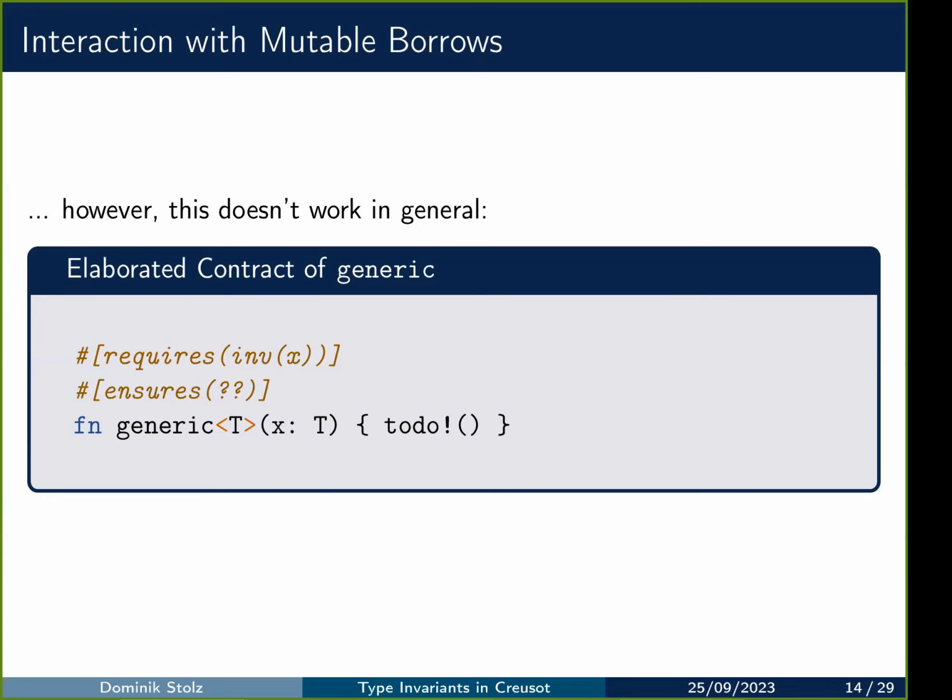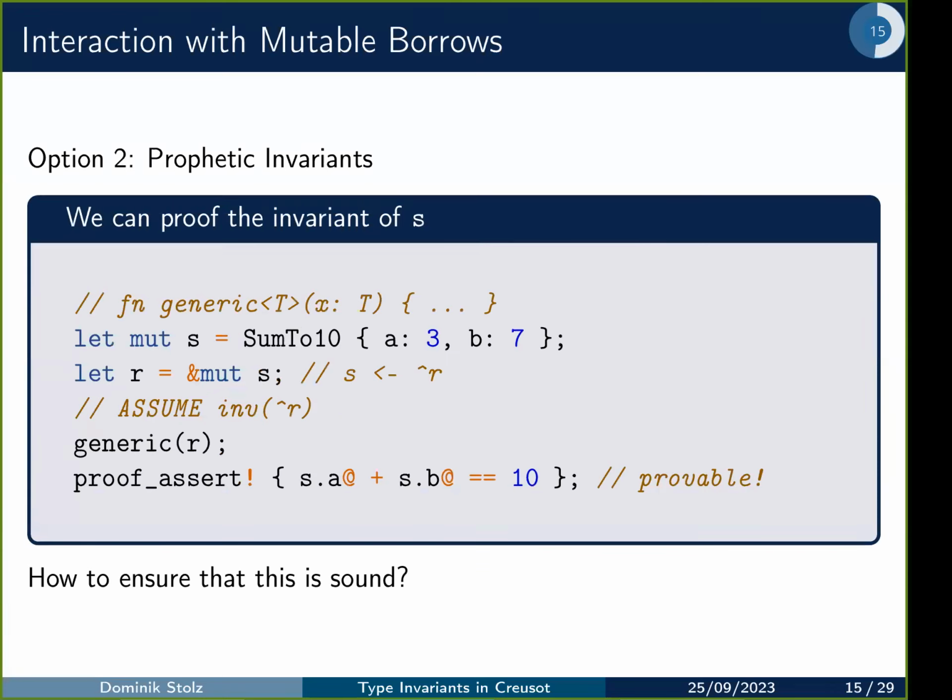And our solution to the problem is what we call prophetic invariance. So again, we consider a similar function like before, where we call a function passing it a mutable reference. But here we call this generic function, which takes an argument of generic type t.